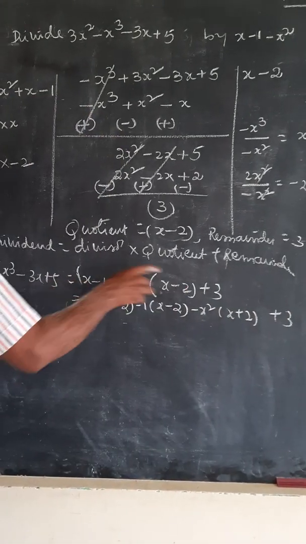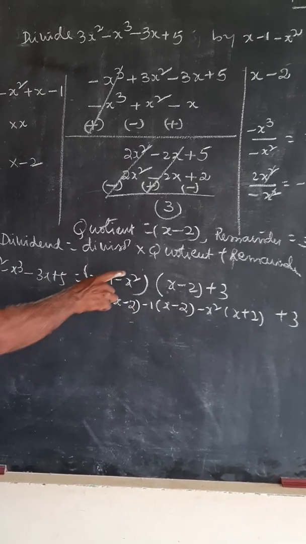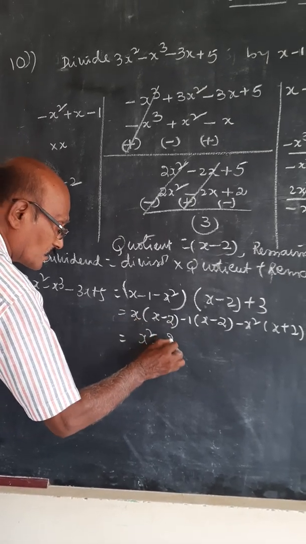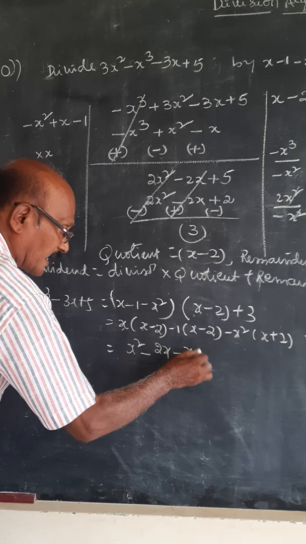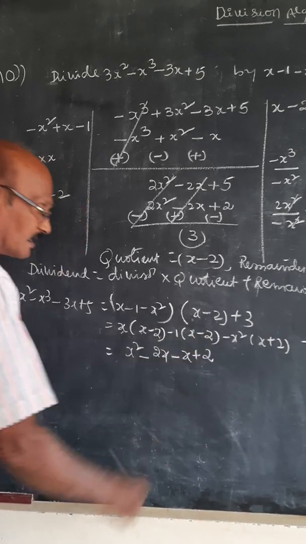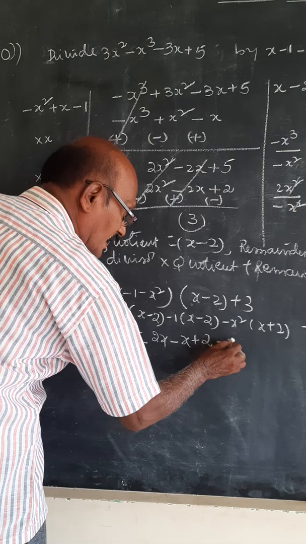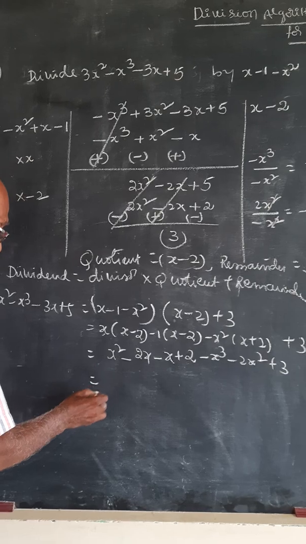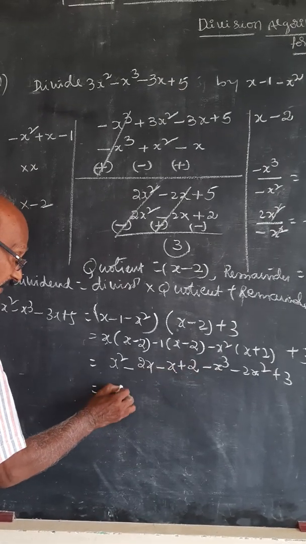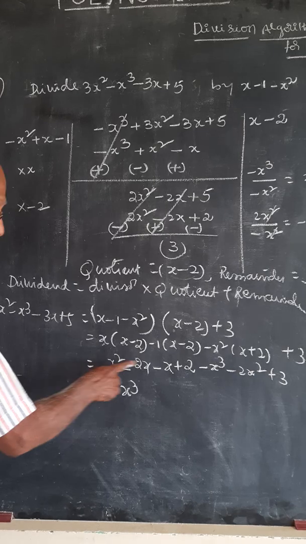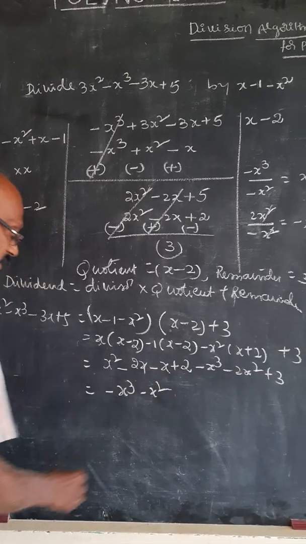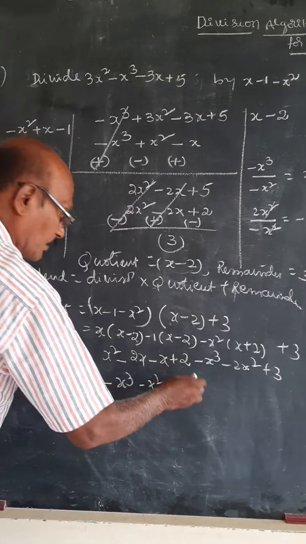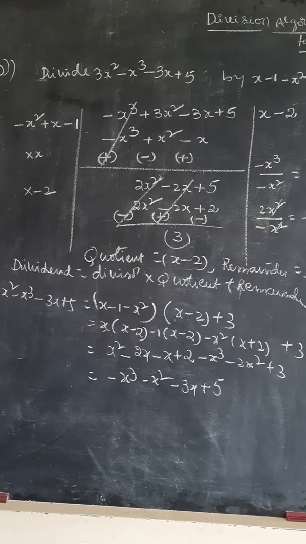So x into x square minus x into 2, 2x, minus 1 into x, minus x, minus of minus plus 1 into 2, 2s are 2, minus x cube minus 2x square plus 3. Now simplify like terms.